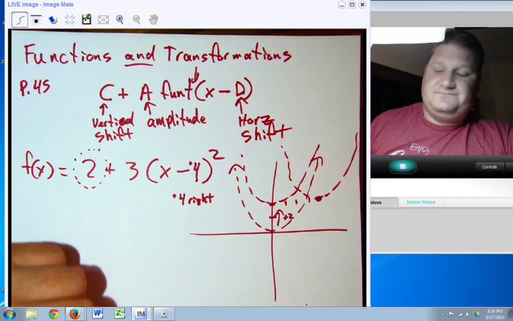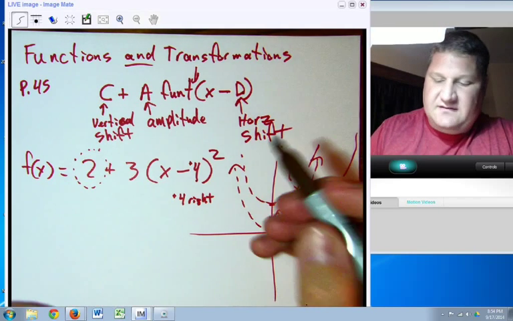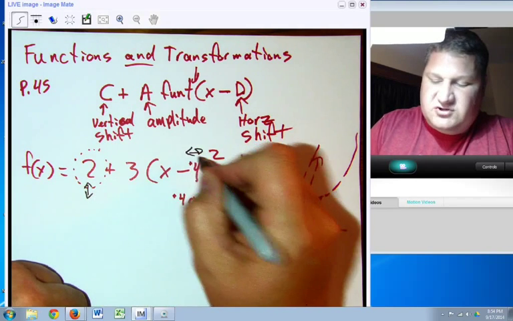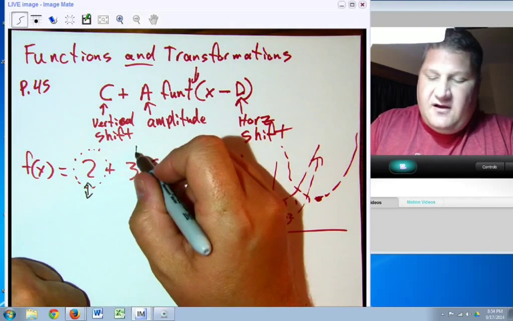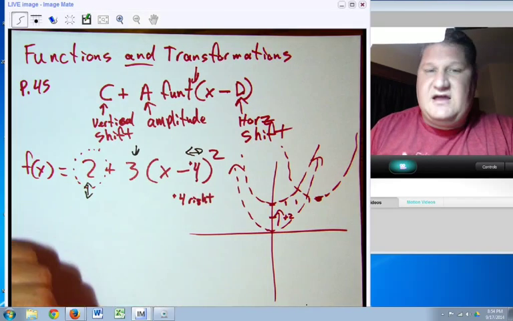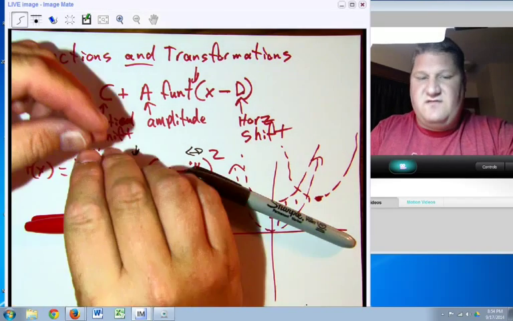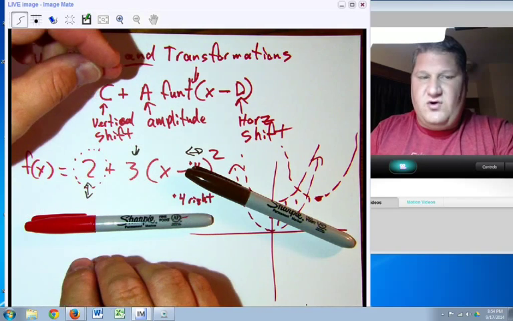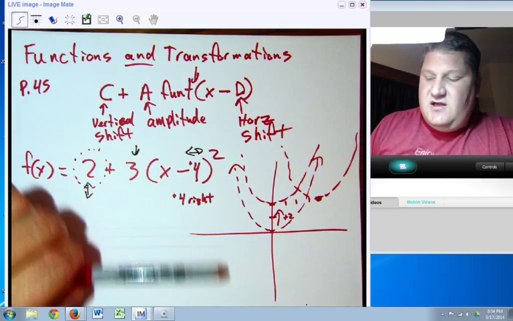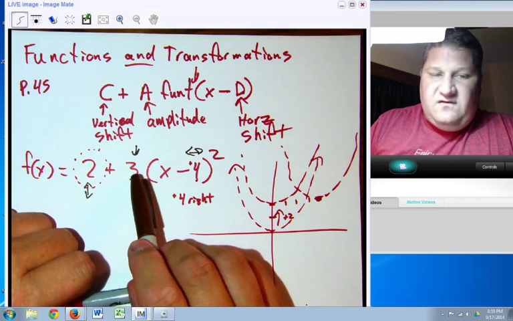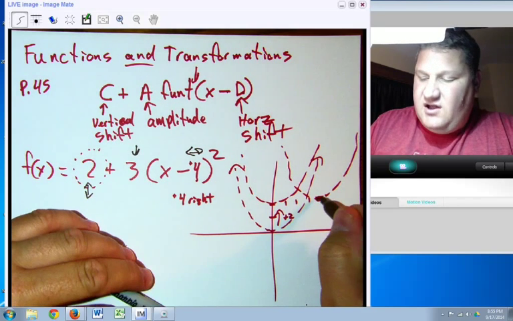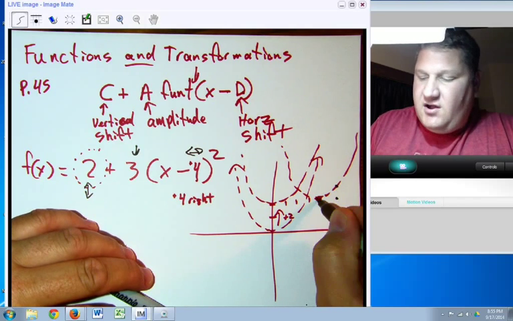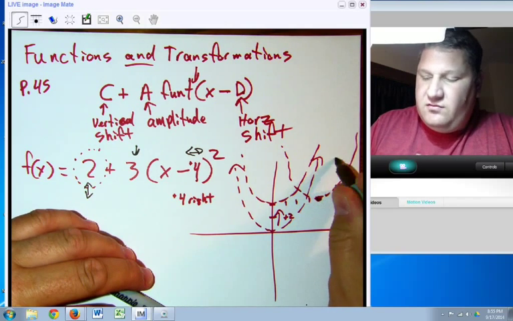Now, whereas this is vertical shift and this is horizontal shift, this right here is going to be amplitude. Amplitude you need to think of in terms of stretching it vertically. If it has more amplitude, it's more stretched. The other way to think about it is this 3 means for every bit that I go over, instead of going up 1, I go over 1 but up 1, 2, 3.